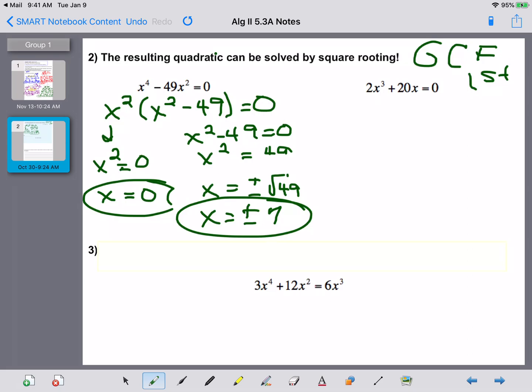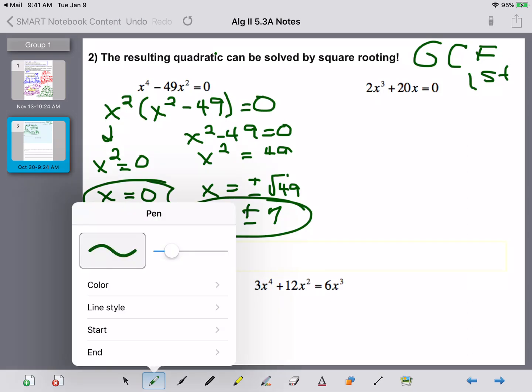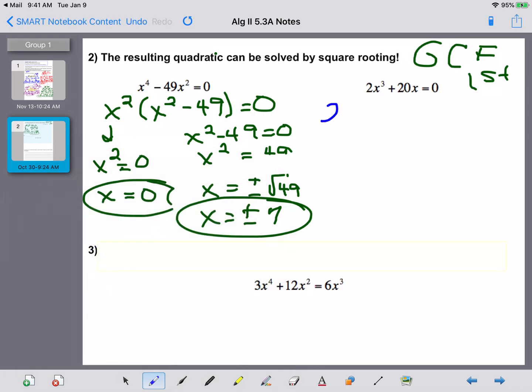Our second part here, we have 2x cubed plus 20x equals 0. We can factor out a 2x. That leaves me x squared plus 10. And then I can solve the second one by square rooting again.